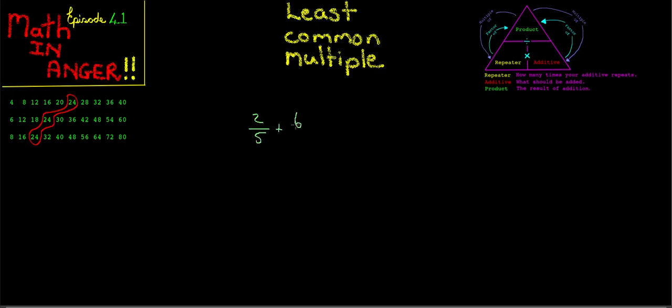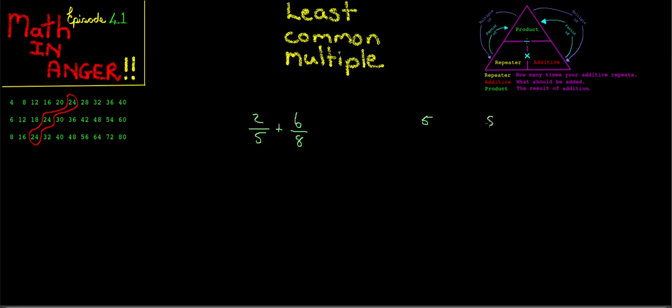and 6/8. Right? So the first thing we do is take a look at the prime factorization for 5 and 8. 5 is already a prime number, so the prime factorization for 5 is 5.